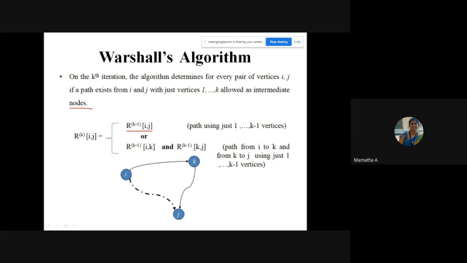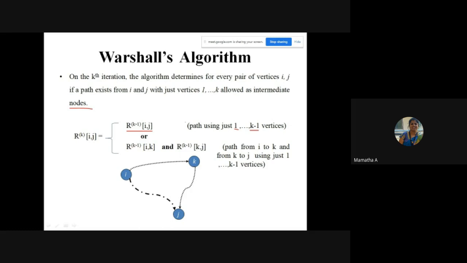Going through the vertices 1 to k minus 1. Already there exists a path. In the previous one only, there is a path from i to j, going through vertices 1 to k minus 1.